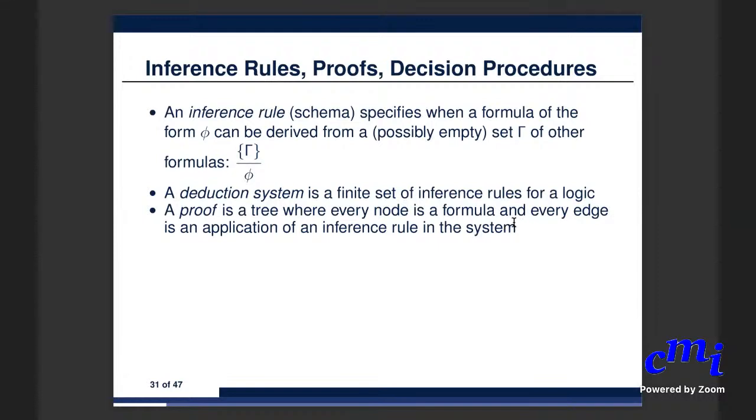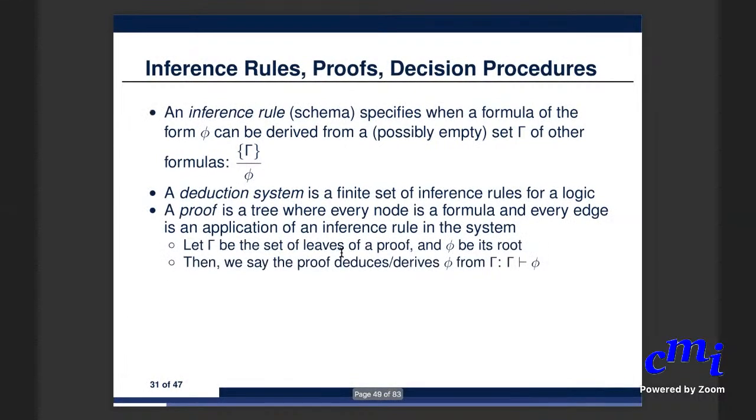But the way it is done is through application of these inference rules that belong to a deduction system. So a set of inference rules is called a deduction system. A proof is a tree where every node is a formula in the logic, and every edge is an application of an inference rule in the system.